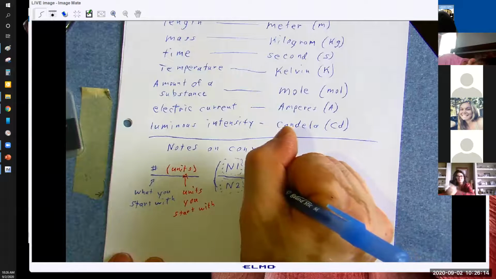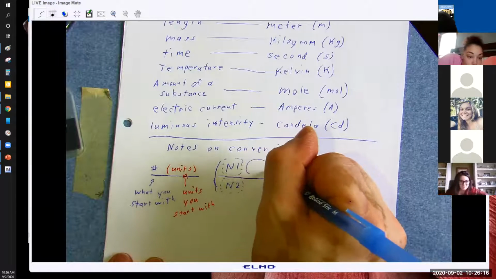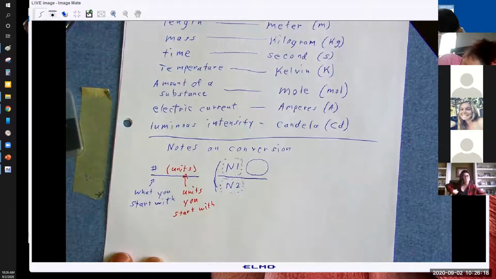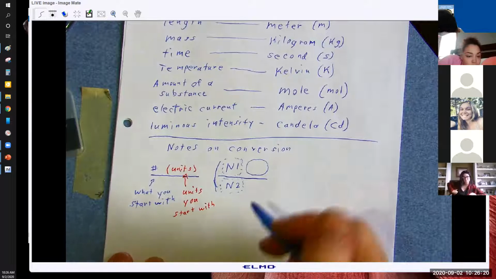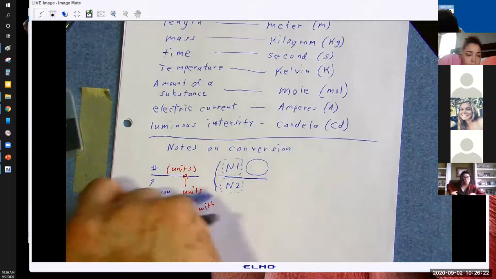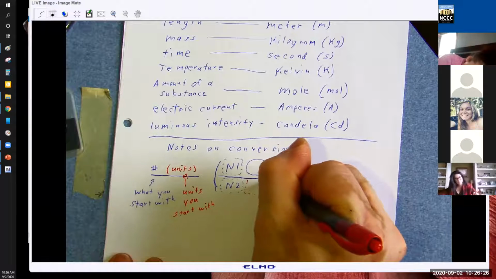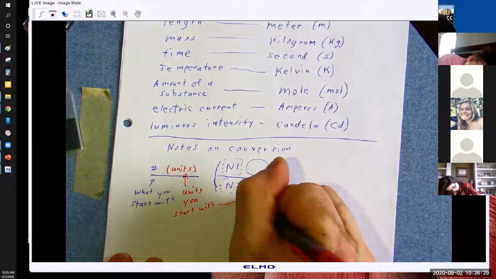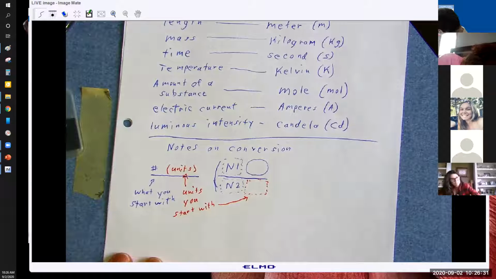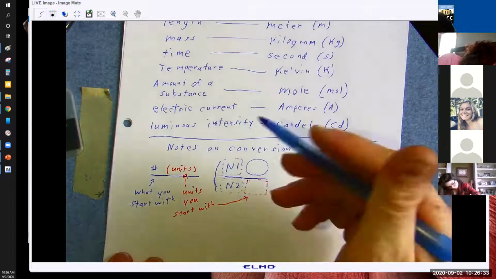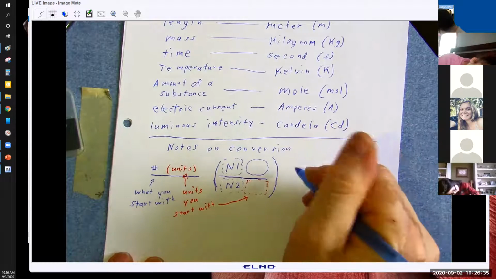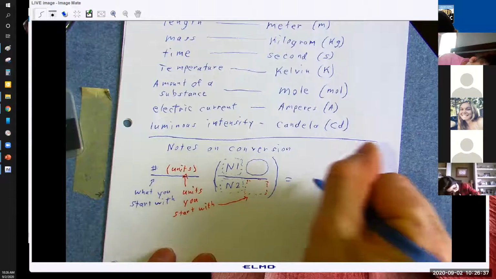Now, give me a minute to just draw it out. The N1 and N2 are just number 1 and number 2. And this is going to equal something.